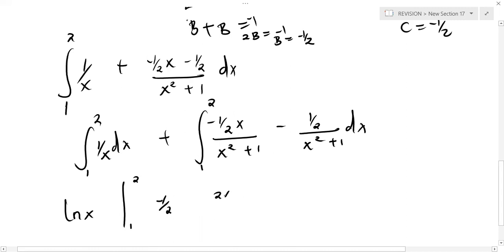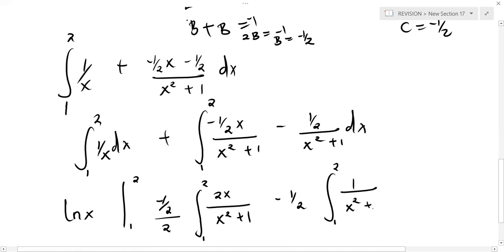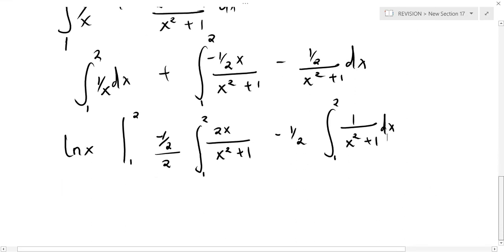I can write this as 2x over x squared plus 1 and then divide by 2. I haven't changed anything because this 2 can cancel with this. I just want this to give me a perfect logarithmic function. On the other side, I can write this as minus a half integral from 1 to 2 of 1 over x squared plus 1 dx.